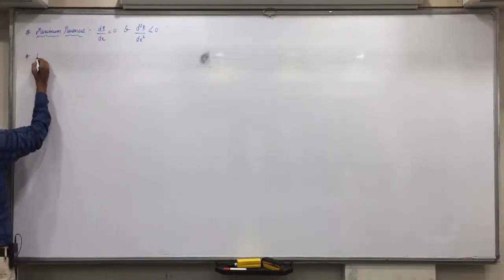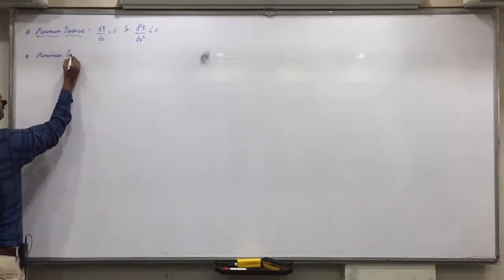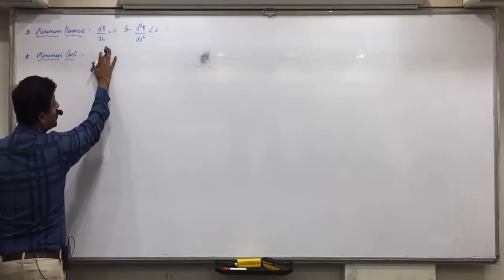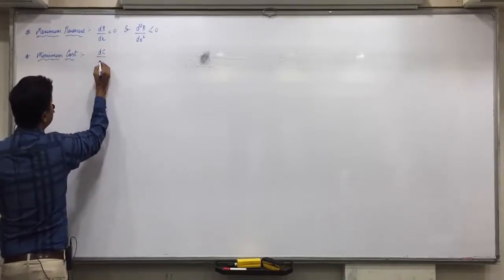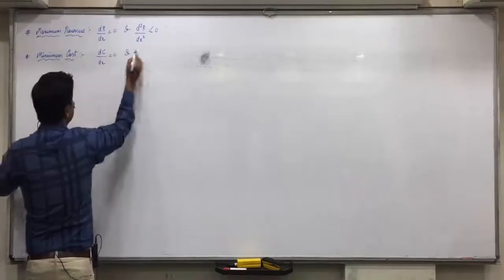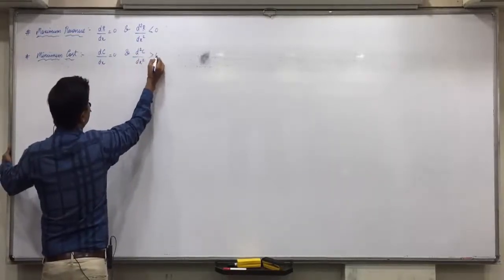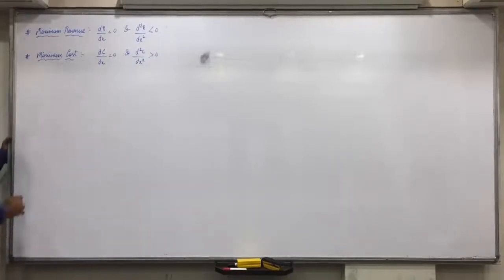Same way, if minimum cost is asked, then what will be the first condition? dC upon dx must be equal to 0, and for minimum, d square C upon dx square must be greater than 0.